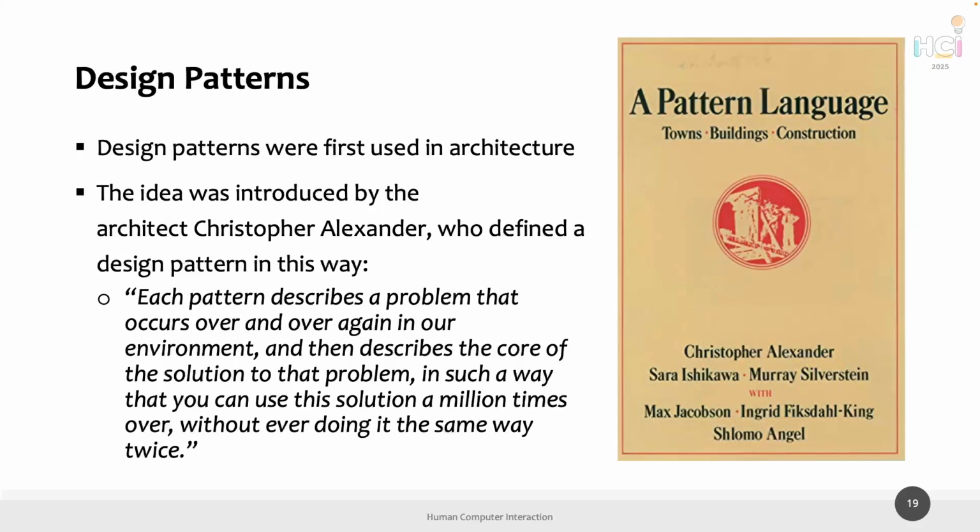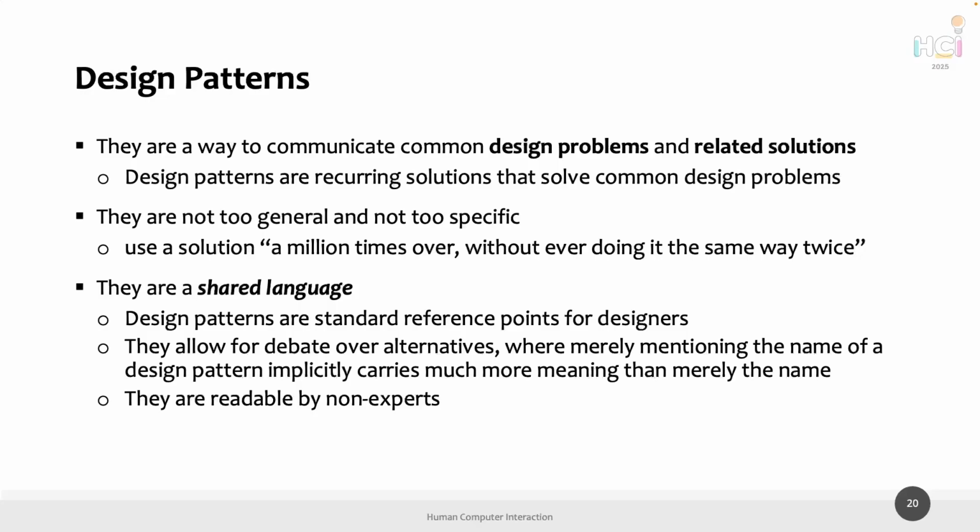So yes, there is a solution, but that solution could potentially be implemented in different ways. This book is a collection of patterns for urban problems, and then the same concept has been applied to our own field, human-computer interaction and design in general.